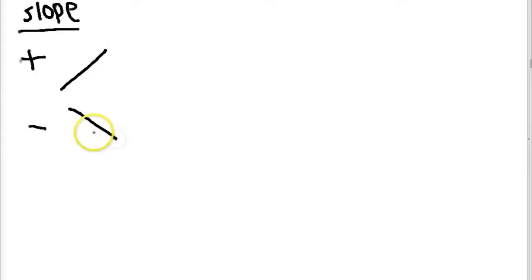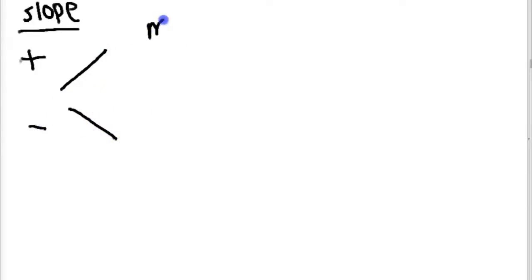Okay. So now we're going to cover slope. So the slope of a graph is how steep the line is. So if you have a positive slope, that means the graph is moving up. And if you have a negative slope, it means the line goes down.